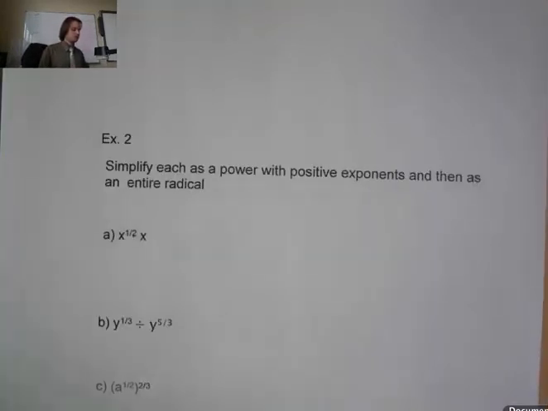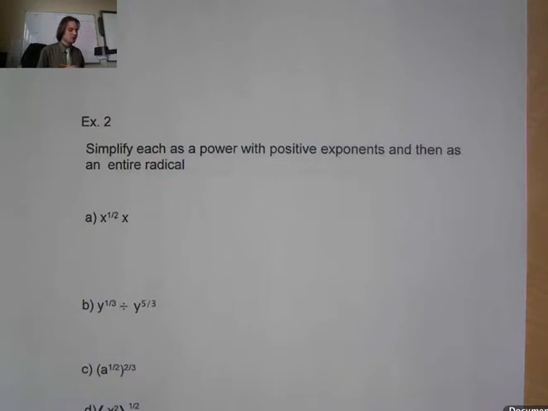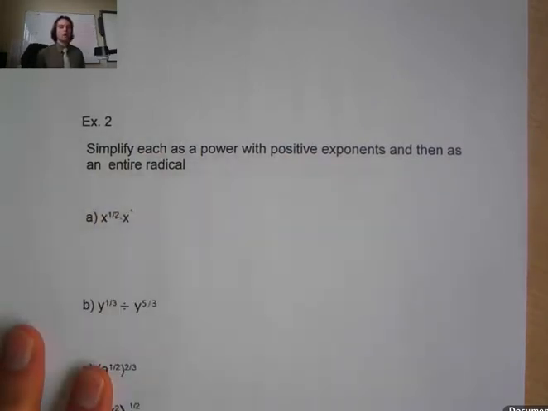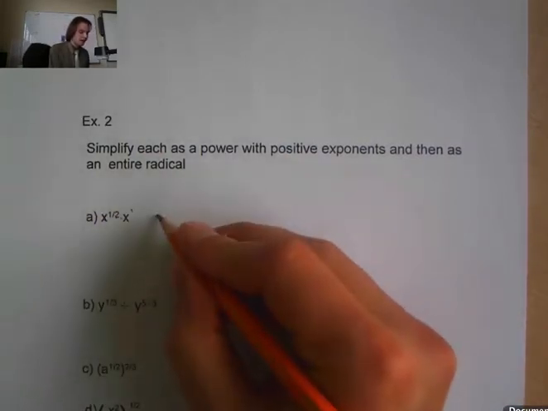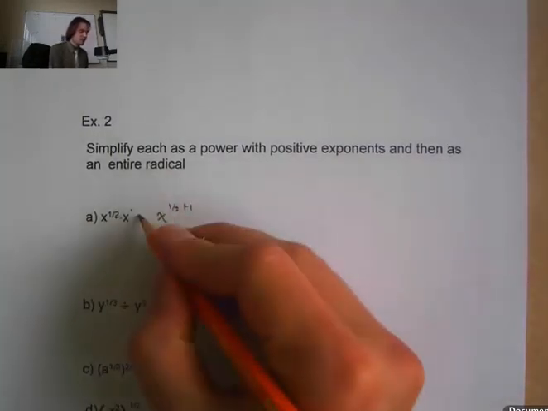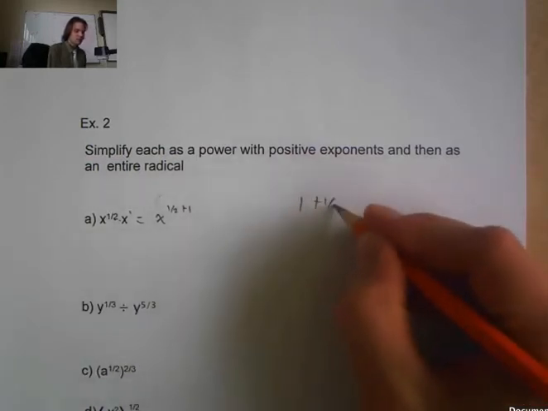So that's that one. Let's take a look at example number 2. Simplify each power with positive exponents, and then as an entire radical. So we want positive exponents, entire radical. This first one here, I look at this, that is product law. That means we must add our exponents. Remember, there's an imaginary little 1 there. So I'm going to have x to the 1 over 2 plus 1. Okay? Now, if I want to add 1 plus 1 over 2, we're adding fractions.